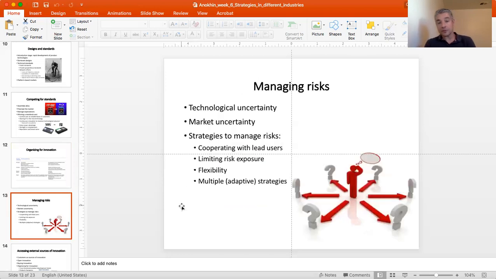Obviously, innovation is risky. There are two main sources of risk that you should be aware of: technological uncertainty and market uncertainty. With respect to technological uncertainty, as they say in economics, the nature of innovation is ill-defined.